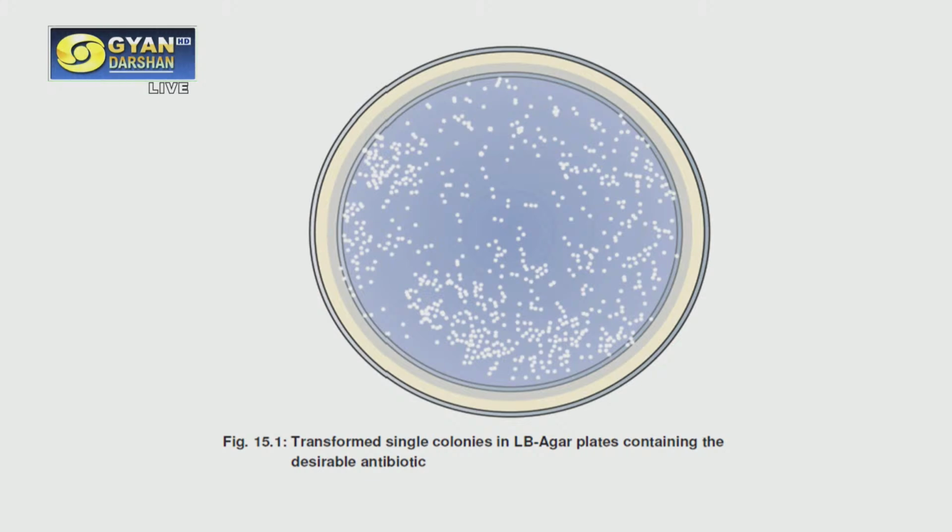It suggests that ligation followed by transformation is successful, or that transformation is successful, because the bacterial colonies are capable of growing in the antibiotic medium, which means all these bacteria have the desirable plasmid which you wanted to transform.